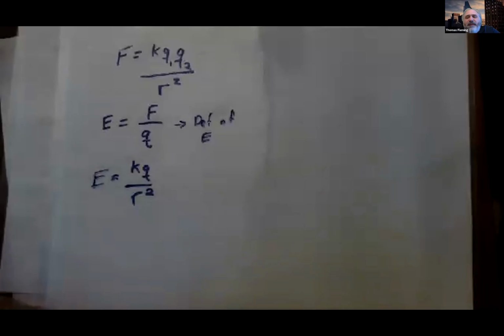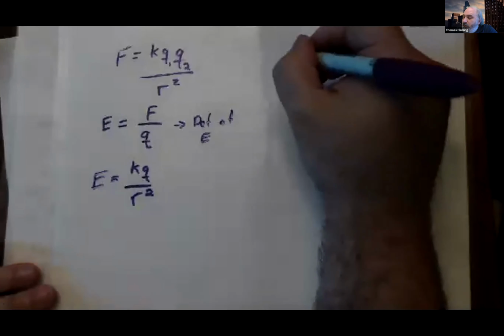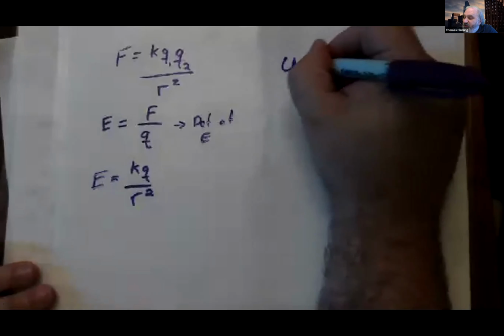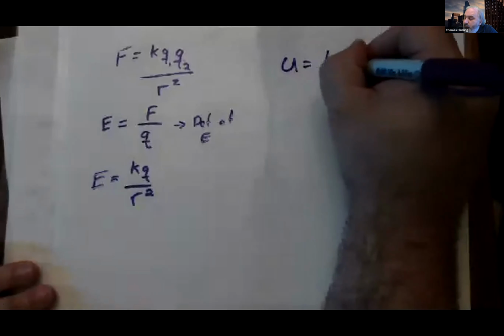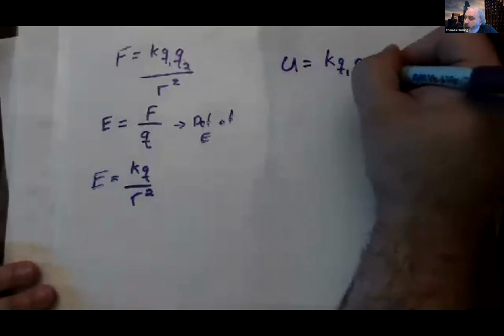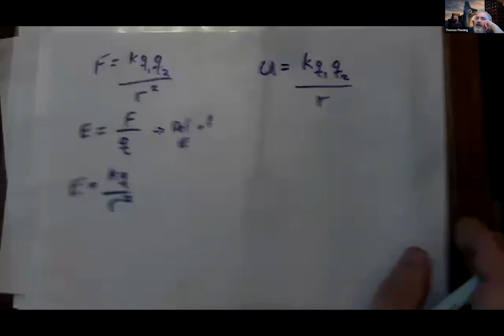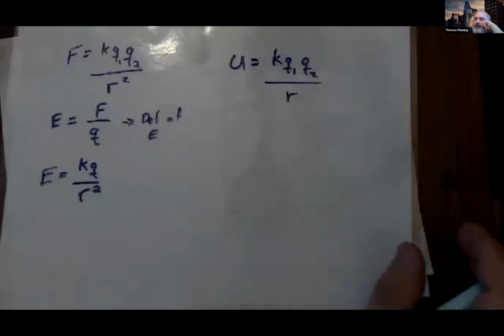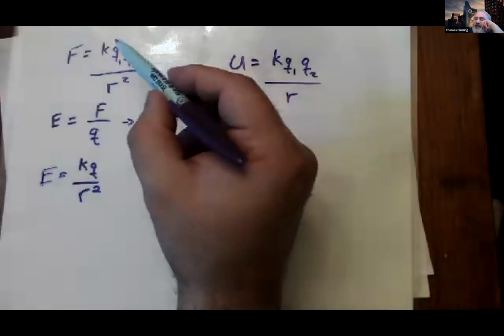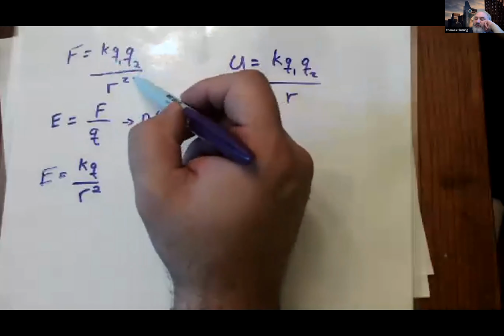Now, here's why that's cool. This chapter, we've started with the concept of the electric potential energy. And you'll notice there's a whole lot of similarity between some of these formulas. Here we had K Q1 Q2 over R squared.